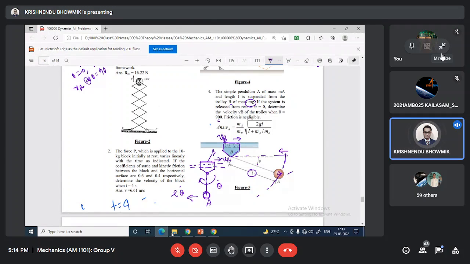A will experience two velocities. One is due to B, that is VB, and one is due to this angular velocity L theta dot. So relative velocity will be VB minus L theta dot, or L theta dot minus VB. But it is expected VB is in the downward direction, and as a whole the A will move in the left direction.